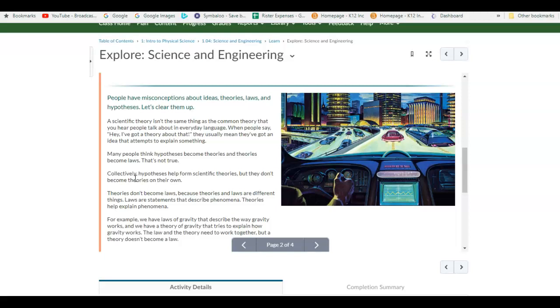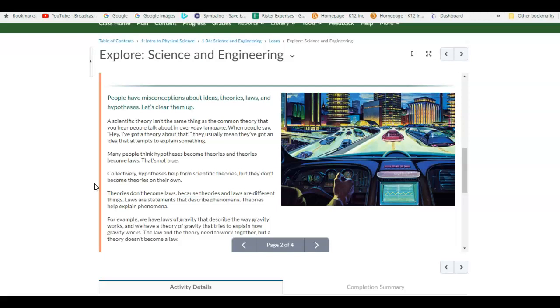A scientific theory isn't the same thing as the common theory that you hear people talk about in everyday language. When people say, hey, I've got a theory about that, they usually mean they've got an idea that attempts to explain something. Many people think hypotheses become theories and theories become laws, but that's not true. Collectively, hypotheses help form scientific theories, but they don't become theories on their own.